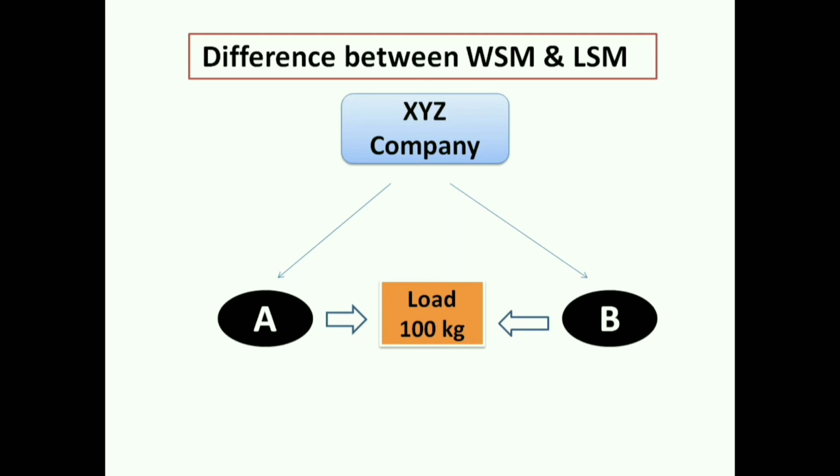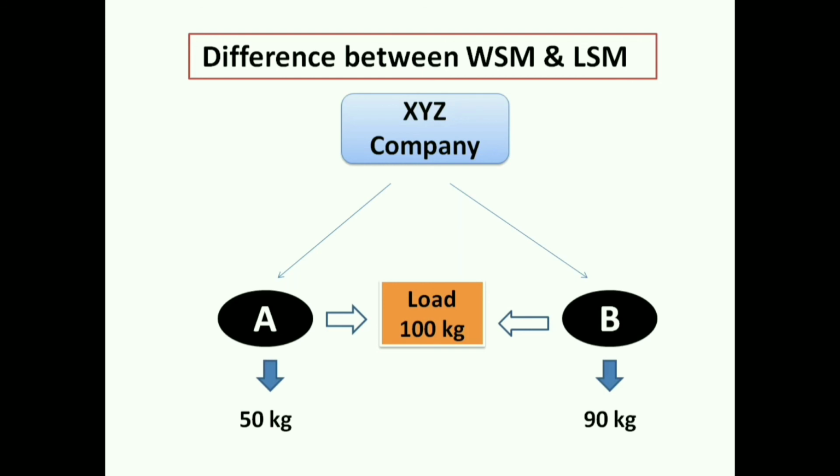The XYZ company has given the same work to A and B. The work is to carry a certain load. Here the person A carries a load 50 kg instead of 100 kg, and the other person B carries a load 90 kg instead of 100 kg. So my example is now completed.